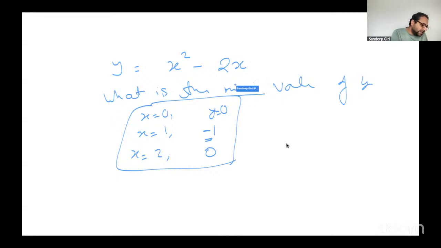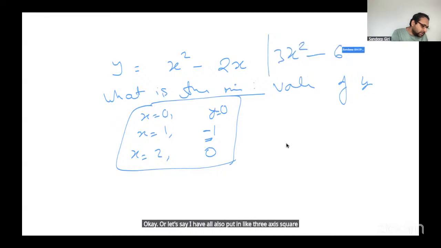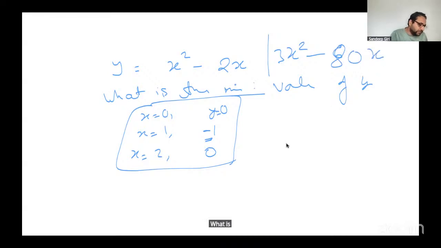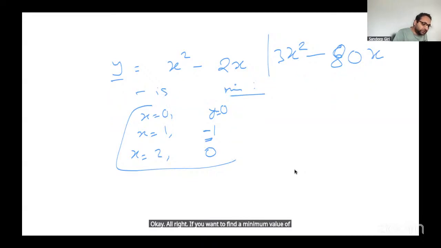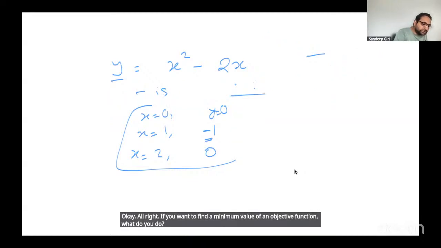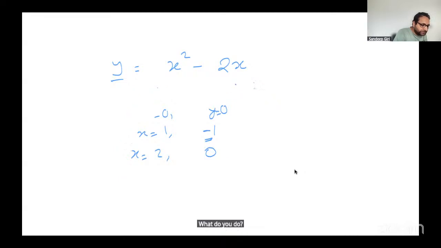Or let's say I have also put in like 3x square minus 880x. What is the minimum value of y? If you want to find a minimum value of an objective function, what do you do?